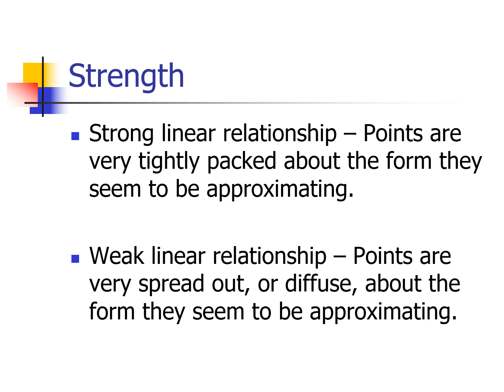Basically, that's the idea of looking at the form that we think is being approximated by the scatter plot, and looking at how tightly packed our points are about this form. So if all the points in our scatter plot are very tightly packed around a line, we say that's strong. If they're very spread out from a line, we'd call that diffuse or weak. It's not very strong. It's a weak relationship.